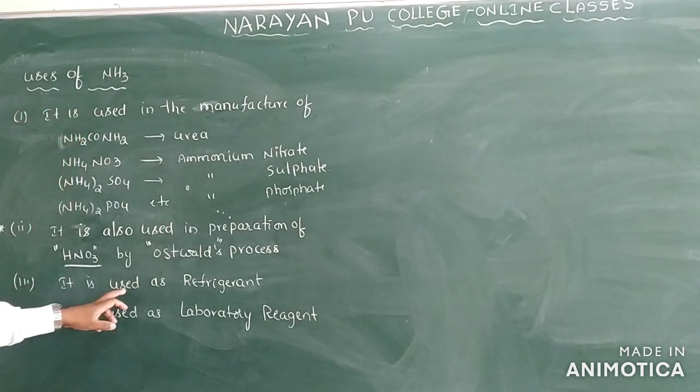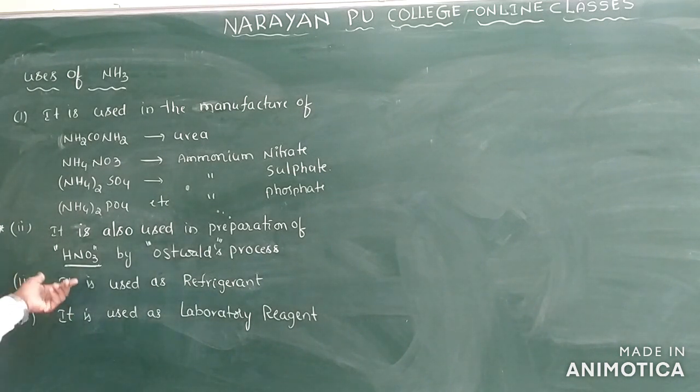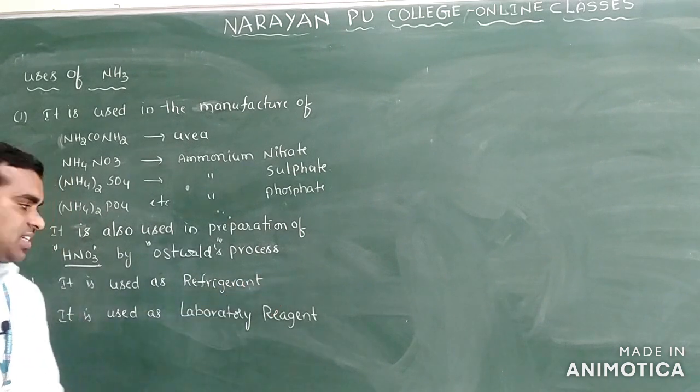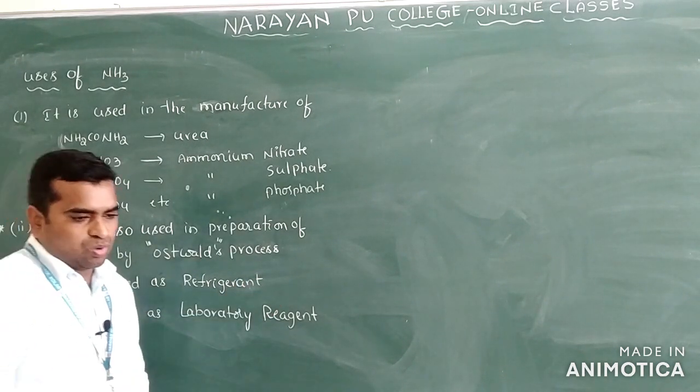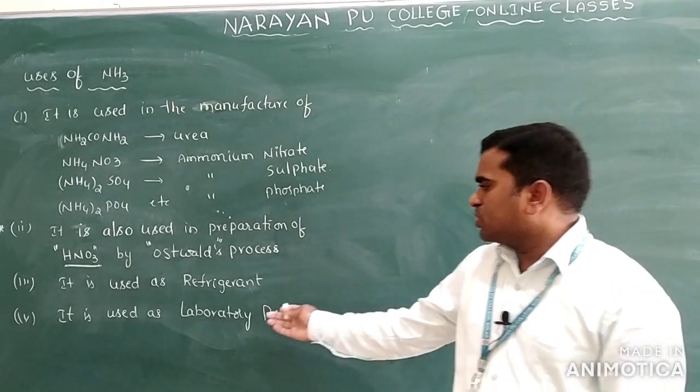Next, it is also used as a refrigerant in ice factories and cold storages, and also as a laboratory reagent. You have already done practicals in the laboratory, so we have used ammonia many times.